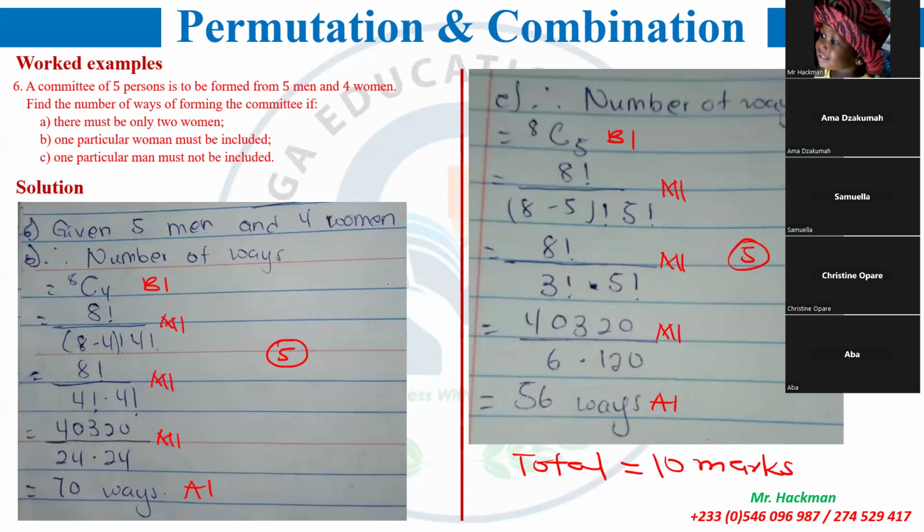In this case, in terms of men, I have 5 of them: 1, 2, 3, 4, 5. In terms of women, I have 4 of them: 1, 2, 3, 4. So 5, then 4. This total is 5, and this total is 4. That's what you have.